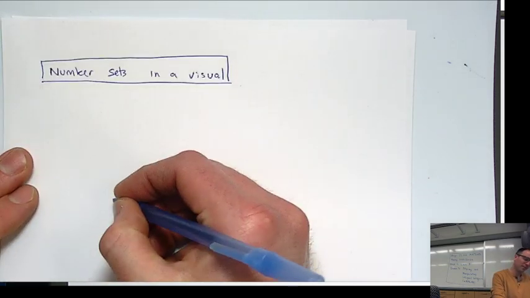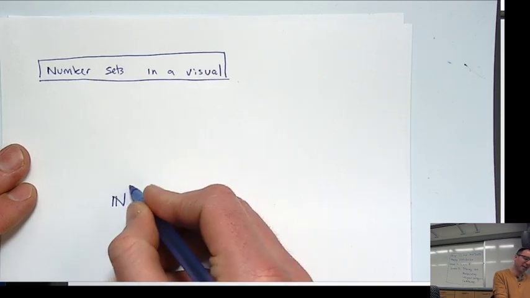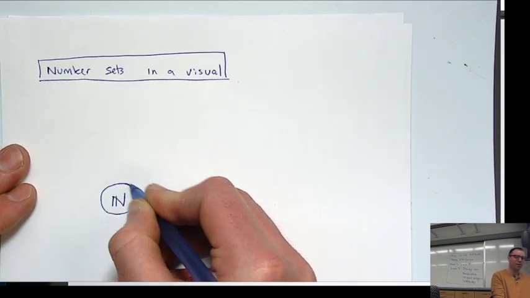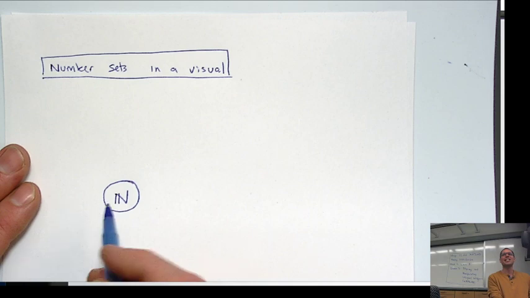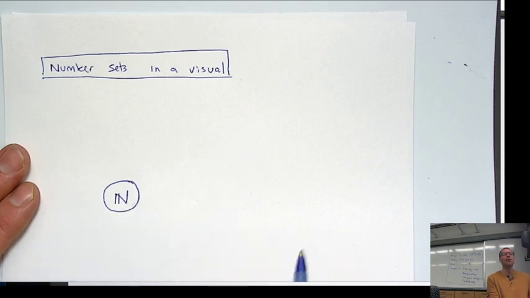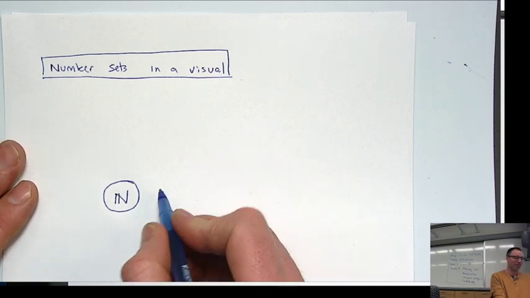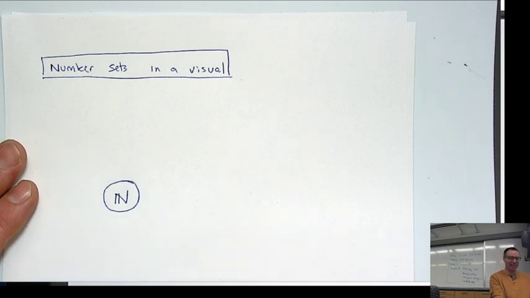Natural numbers. Okay, so we're going to say that the set of all natural numbers, which set is slightly larger, definitely includes the natural numbers, but not much more. Integers.